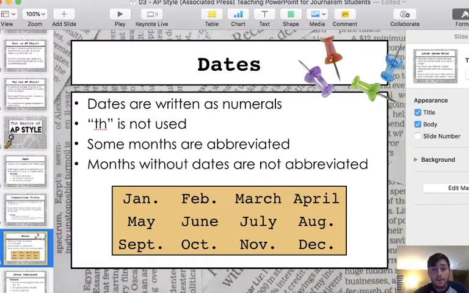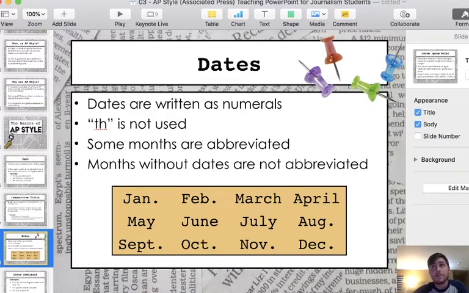Dates. Whenever you guys are writing a feature story or any article in general, dates are extremely important to talk about in journalism, because if you guys are the news for our school, people want to know dates, right? People want to know what's coming up. So dates are always written as numerals. Whenever you're saying dates and you're writing it out, you never use the letters TH.